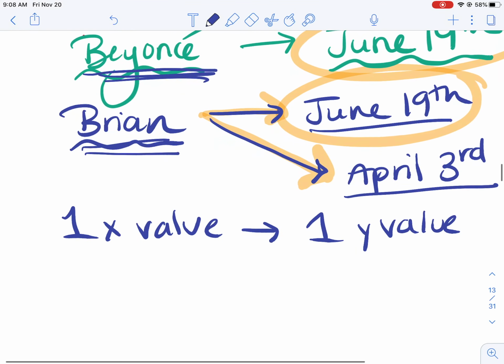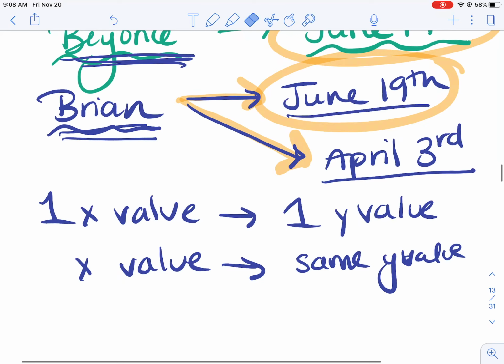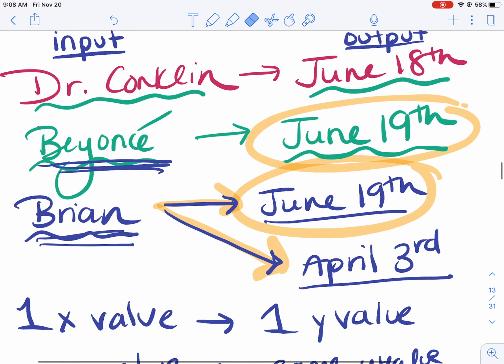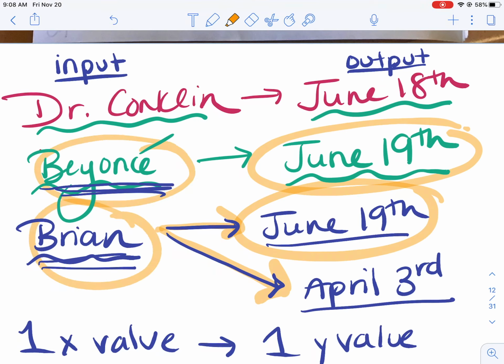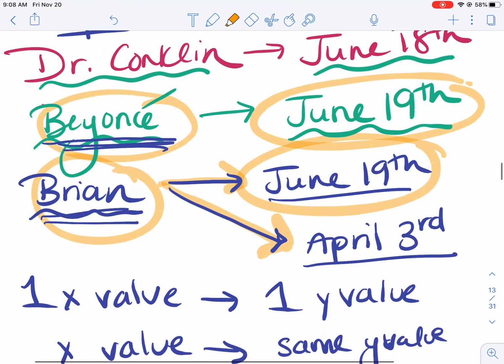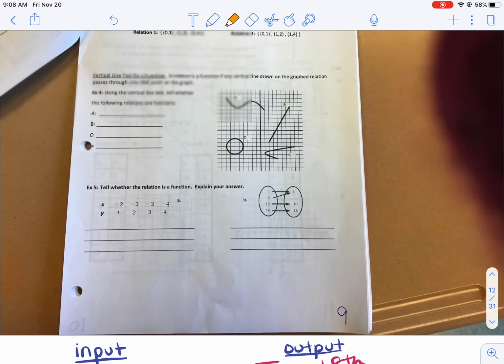Now, it's okay to have an x value go to the same y value, but we can't have the situation with Brian here, where Brian has two birth dates. It's okay for Beyonce and Ryan to share the same birthday, okay? But we can't have one person having the same birthday on two different days. So that's the idea of a function.